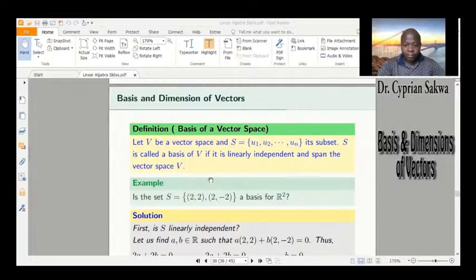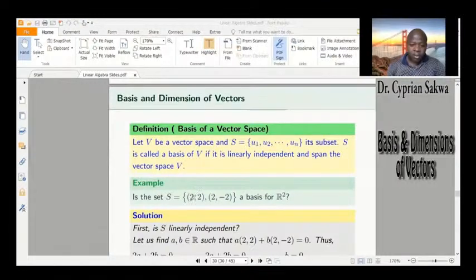So let's look at an example. In the first example, we have this S comprising the vectors (2, 2) and (2, -2). These vectors are in R2. The question is, is this S a basis of R2?